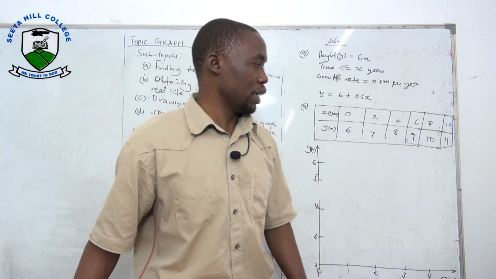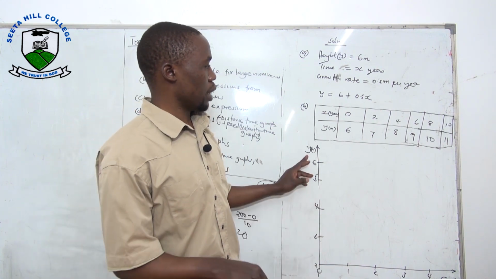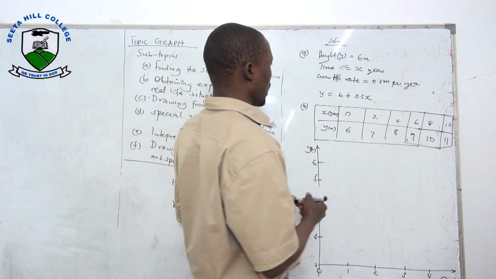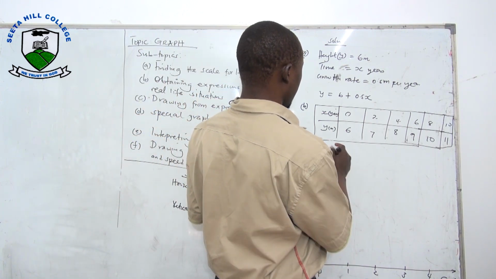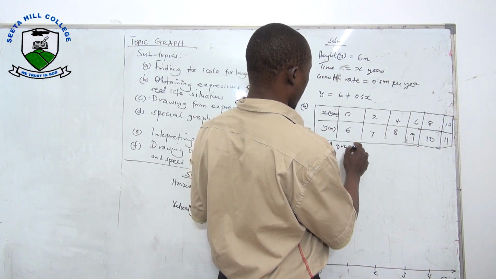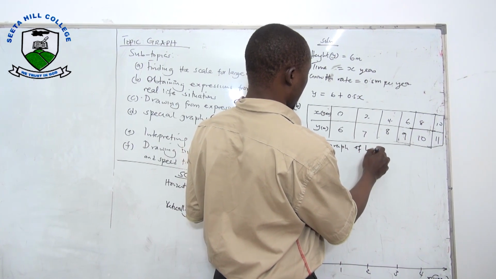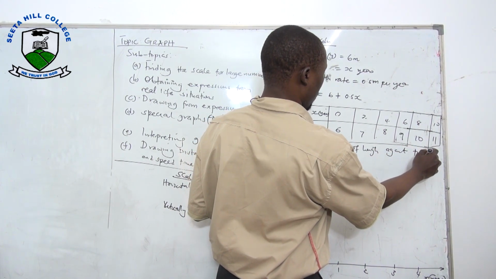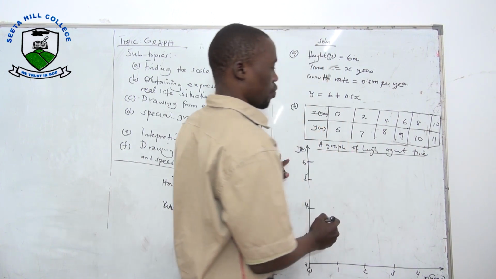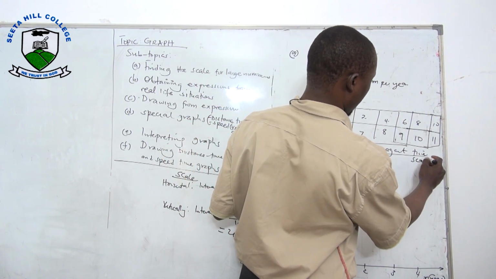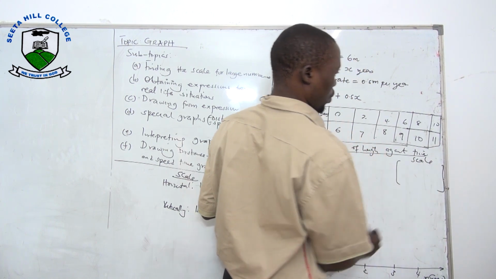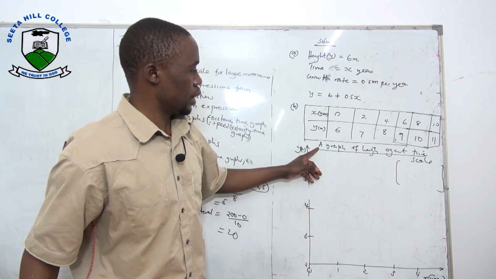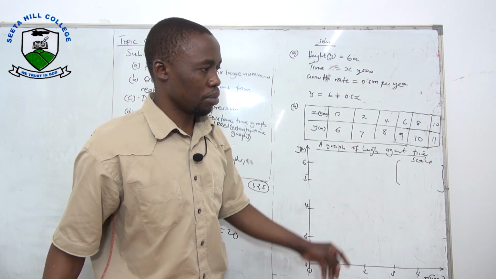Is it a perfect straight line? Plot everything accurately, connect. Put the scale. The title is a graph of height against time, not so? Write that title very well. Include the scale in this corner. 2 centimeters represent what? A graph of height against time.